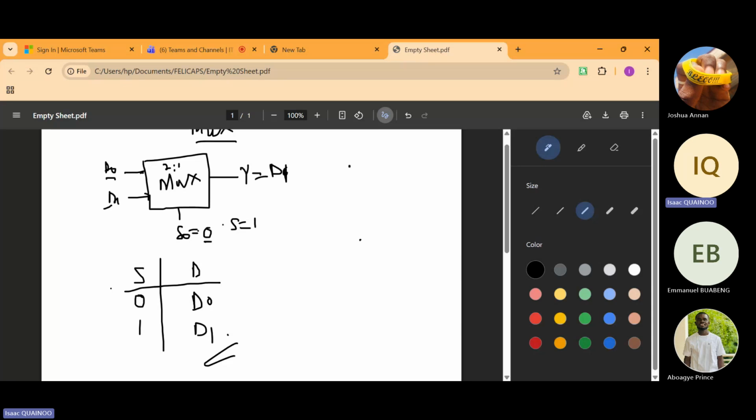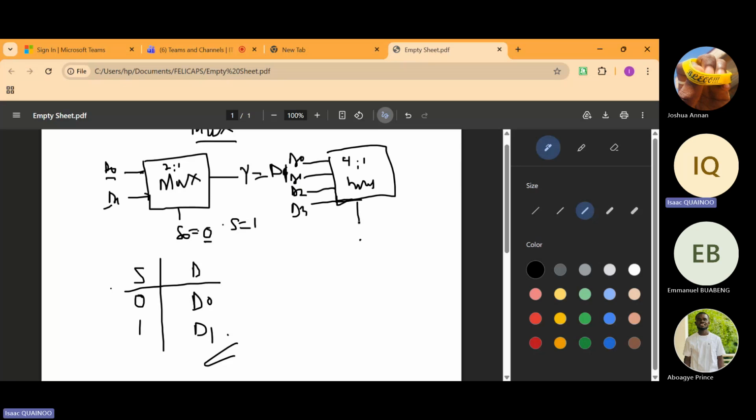So if we are dealing with our 4-to-1 mux, let's illustrate this also quickly. We are going to have 4 inputs in the form D0, D1, D2, D3.